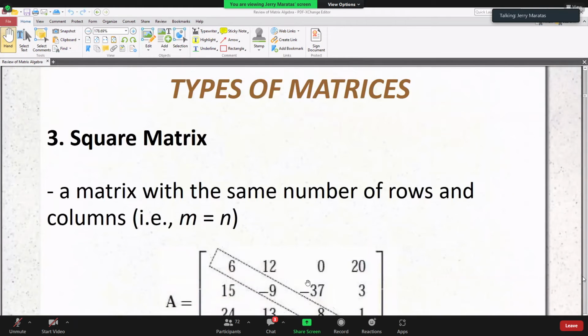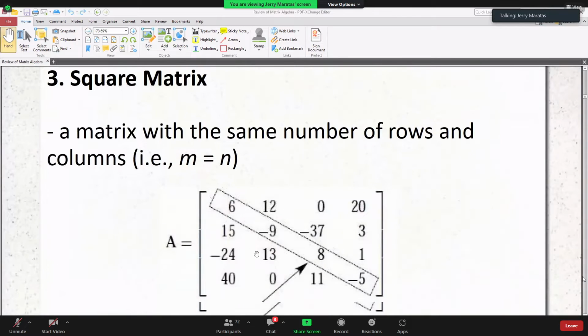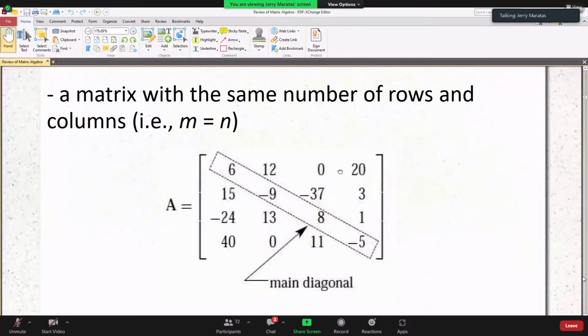Now, another type, the square matrix. From the root word square, the number of rows is equal to the number of columns. This is an example of a square matrix. It's 4 by 4, 4 rows and 4 columns.